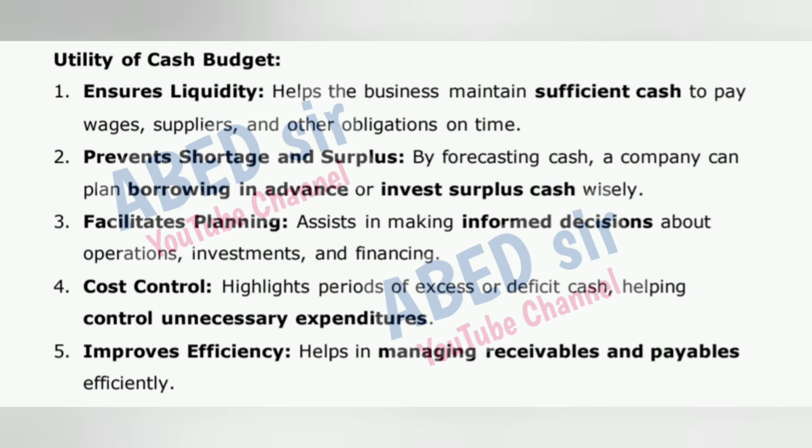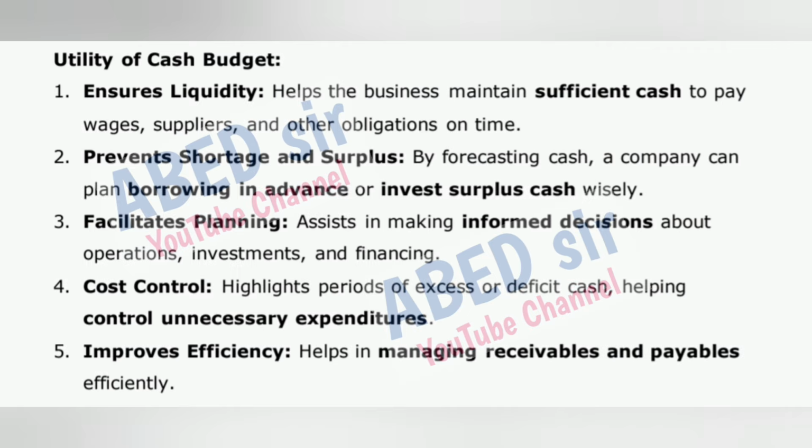Utility of cash budget. 1. Ensures liquidity: helps the business maintain sufficient cash to pay wages, suppliers, and other obligations on time. 2. Prevents shortage and surplus: by forecasting cash, a company can plan borrowing in advance or invest surplus cash wisely. 3.